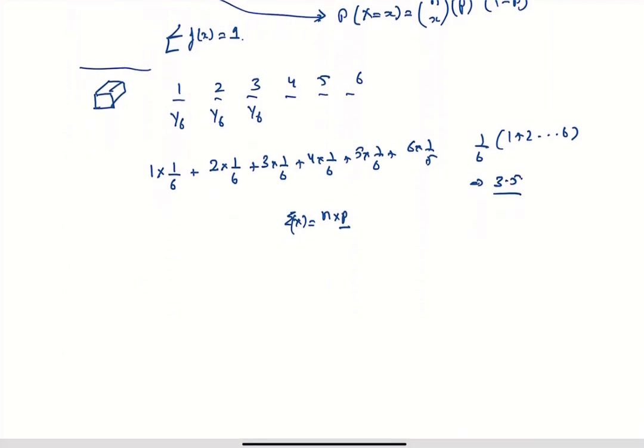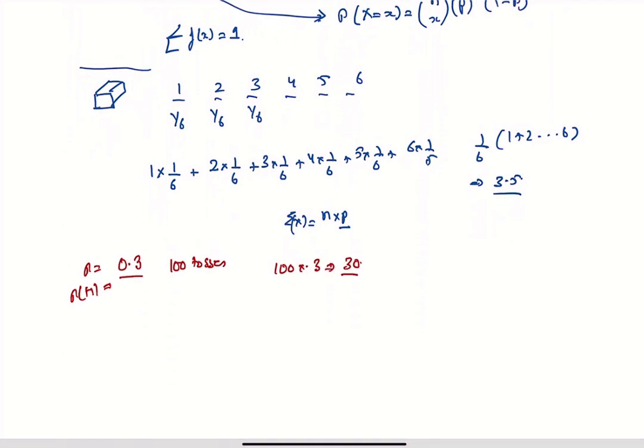For example, if the probability of head is 0.3 and we do 100 tosses, how many heads will you get? You will get 100 times 0.3, that is equal to 30.